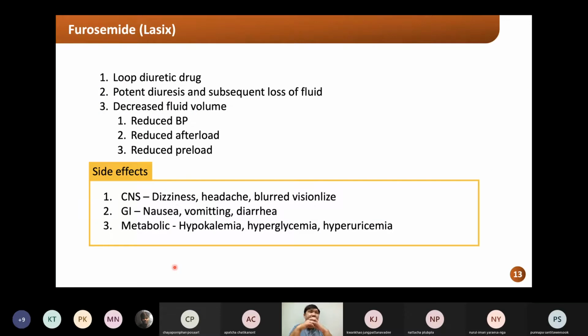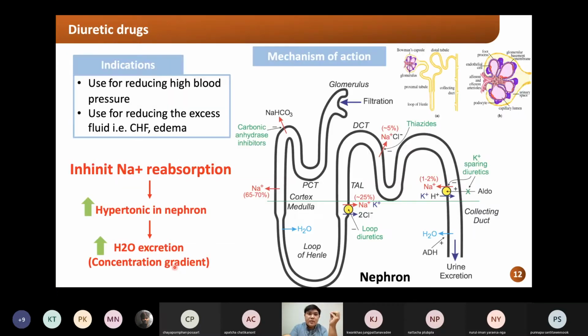And the diuretic drug that is normally found in the cath lab is Lasix, or furosemide. The action of furosemide is at the loop of the nephron. At this point, furosemide acts as a loop diuretic drug and inhibits the sodium and potassium channel that takes sodium and potassium back into our body.